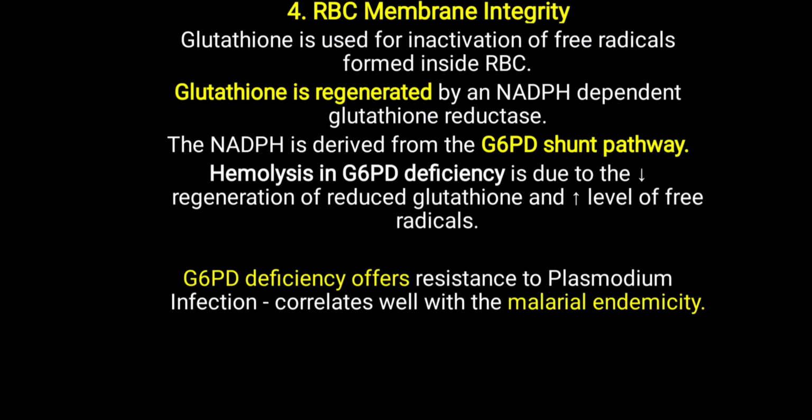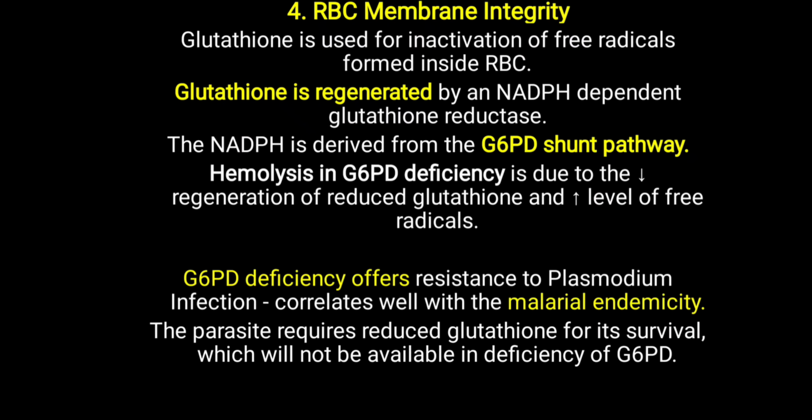So why is there a connection between G6PD deficiency and malarial endemicity? In malaria, there is a direct connection with glutathione. The Plasmodium parasite requires reduced glutathione, which is produced with the help of G6PD or the pentose phosphate pathway, or HMP shunt pathway.